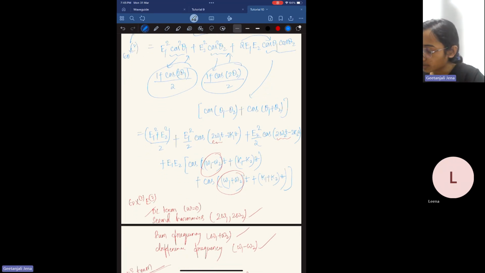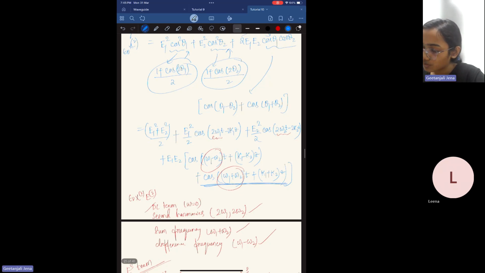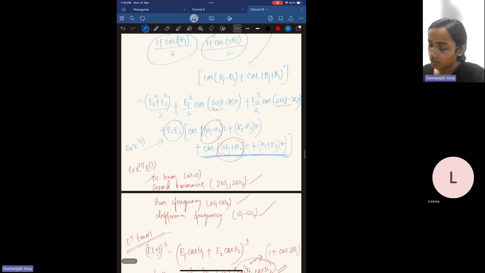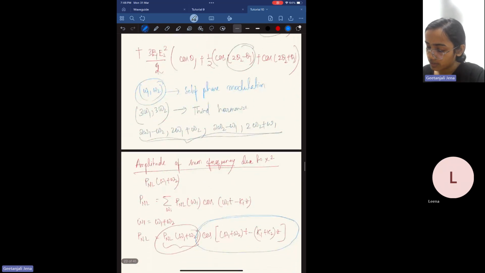So this term has the frequency component cos omega 1 plus omega 2 t minus k1 plus k2 z, right? For this one, what is the coefficient? The coefficient is E1 E2, and we need to multiply with epsilon naught chi 2 so that we can get the value of polarization.